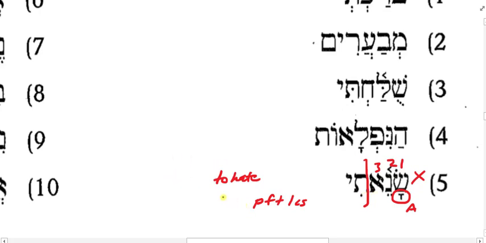What are they? The qal, the piel, the pual, right? What vowel class is the qal going to get under root 1? A class. The piel gets I class, the pual gets U class. So this is easy, isn't it? This is a qal perfect 1CS.